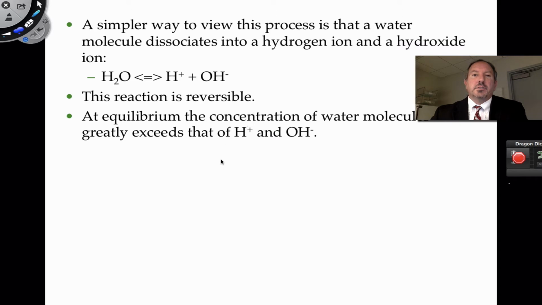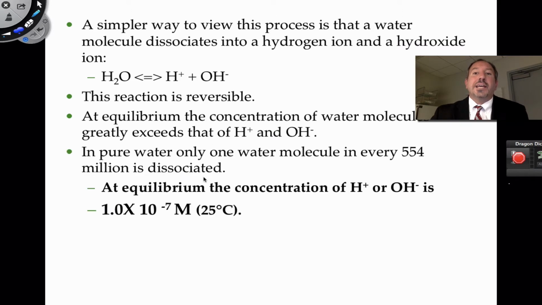You're like, okay, so it's an on-occasion kind of thing. Let me just throw out a couple of numbers because it's fairly relevant in this discussion. In pure water, distilled water, with no solute at all, only one water molecule in every 554 million dissociates like this.